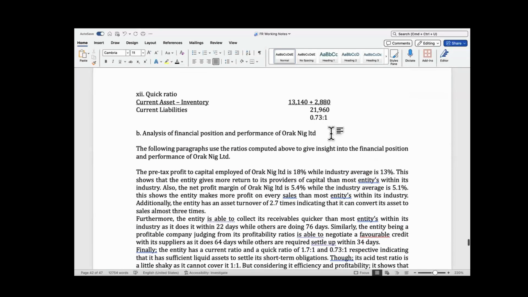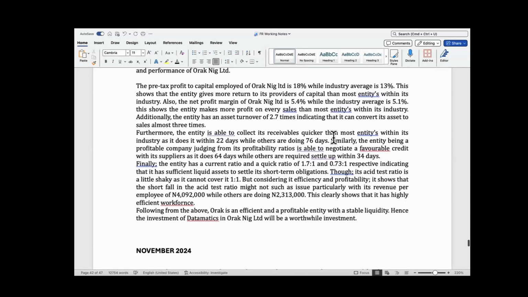Okay, so that's our simple analysis, just taking it strategically. I just try to speak around the profitability ratios, within the context of what I have: the ones I can compare with the industry, and the ones I cannot, I just speak to based on our knowledge of that ratio.